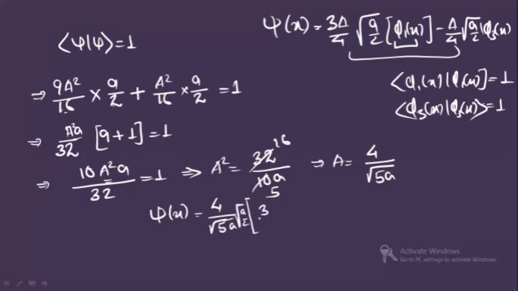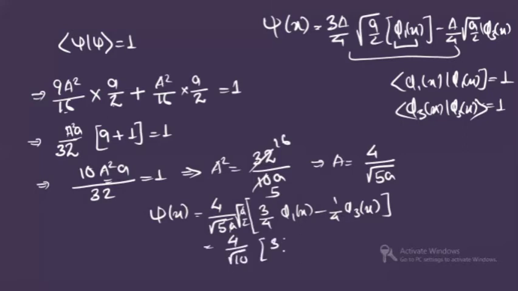So the first term will be 3 by 4 phi 1 of x, minus 1 by 4 phi 3 of x. From this condition, a and a will get cancelled within the root, and you will have 4 root over 10 times 3 by 4 phi 1 of x minus 1 by 4 phi 3 of x.